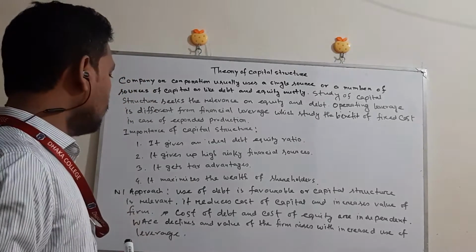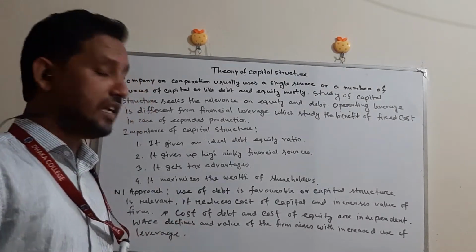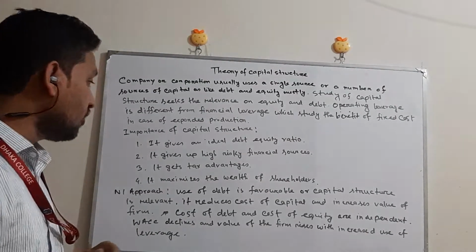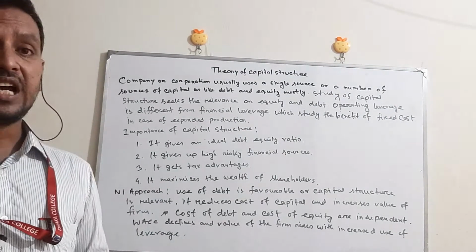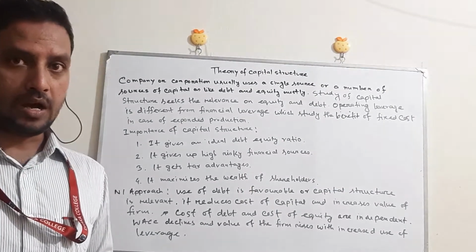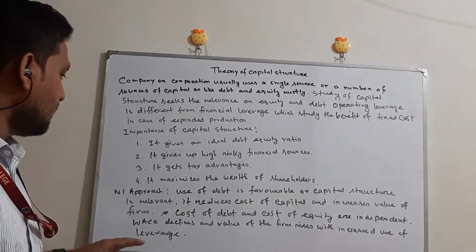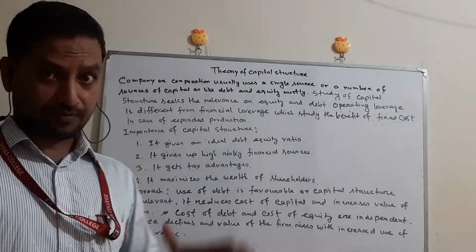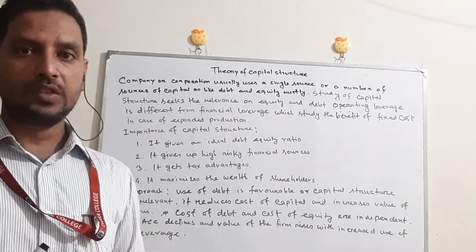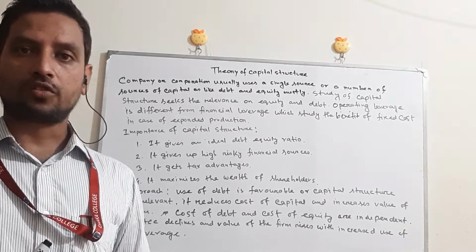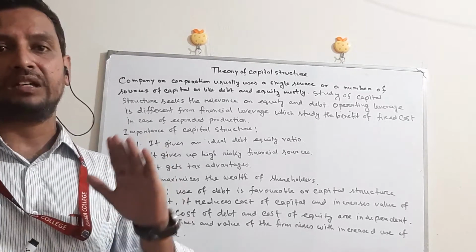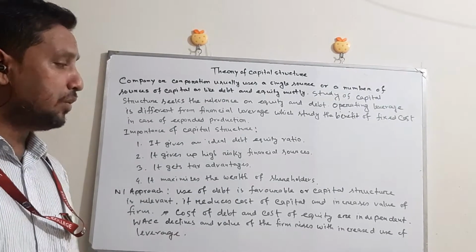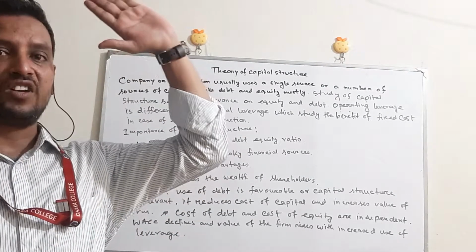In the NI approach, cost of debt and cost of equity are independent or constant. So the weighted average cost of capital declines, and the value of the firm rises with increased use of leverage.